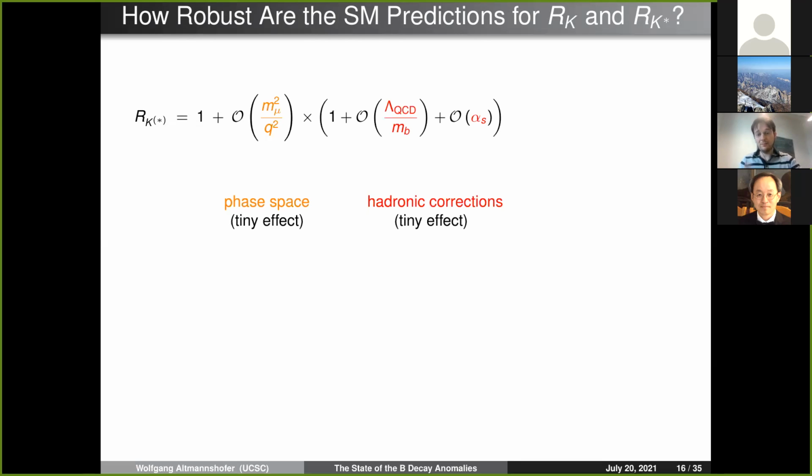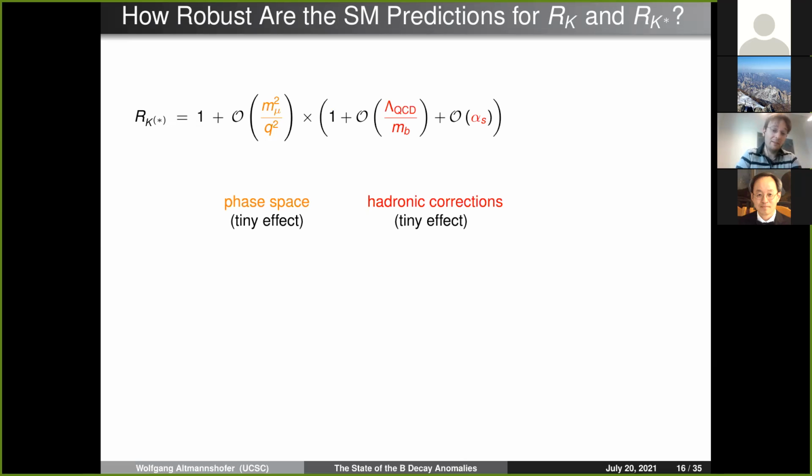And then all those hadronic corrections which come into play in the individual branching ratios, they all cancel in this ratio of the B to K or K star mu over B to K or K star ee branching ratios.